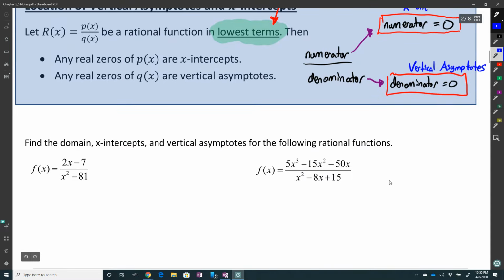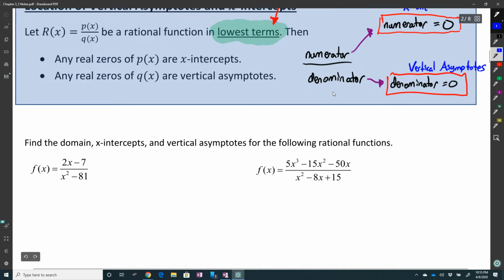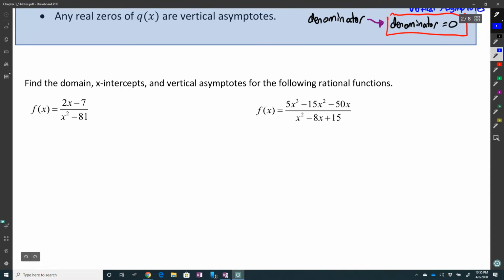All right, so let's look at these two. Find the domain, x-intercepts, vertical asymptotes for the following rational functions. All right. So we have 2x minus 7 over x squared minus 81. And so the first thing we try to do is we try to simplify. X squared minus 81 is x plus 9, x minus 9.